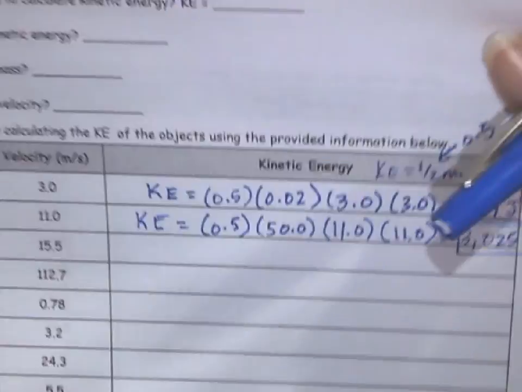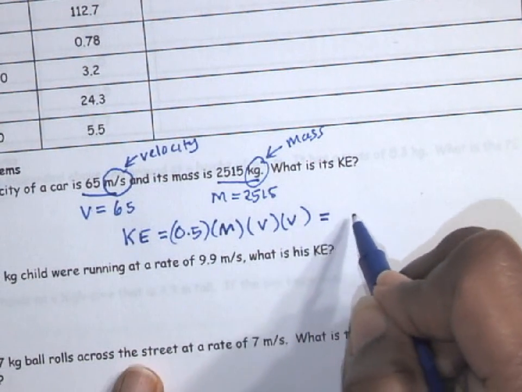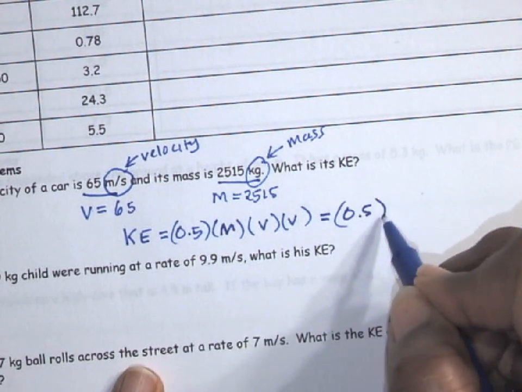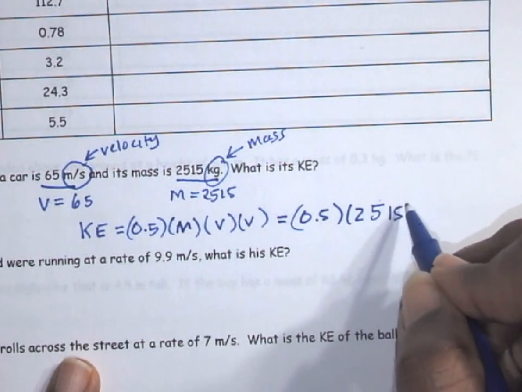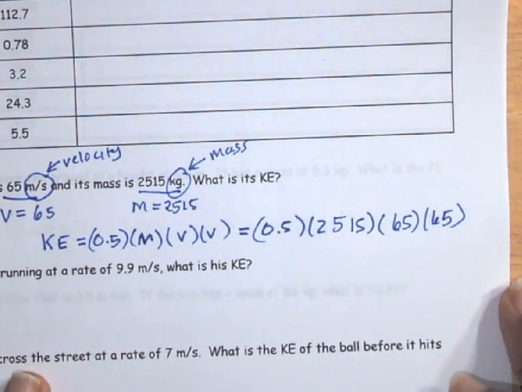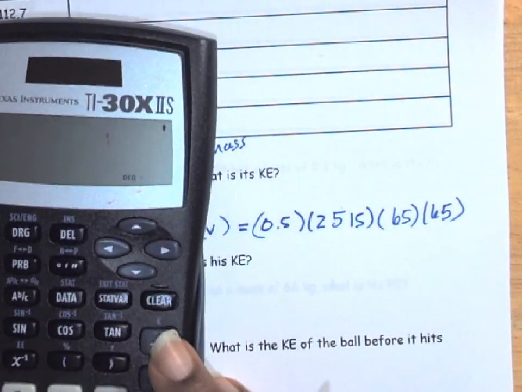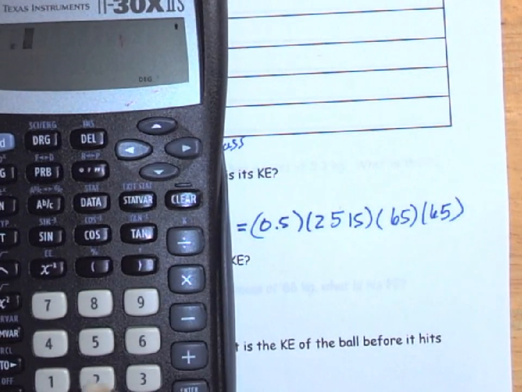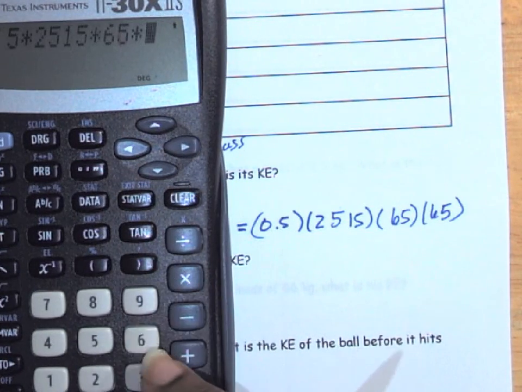So this becomes 0.5 times 2,515 times 65 times 65. I plug those into my calculator: 0.5 times 2515 times 65 times 65.